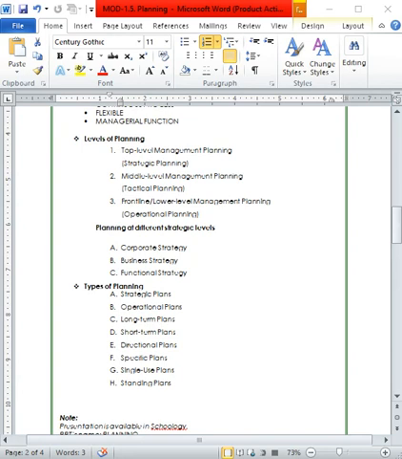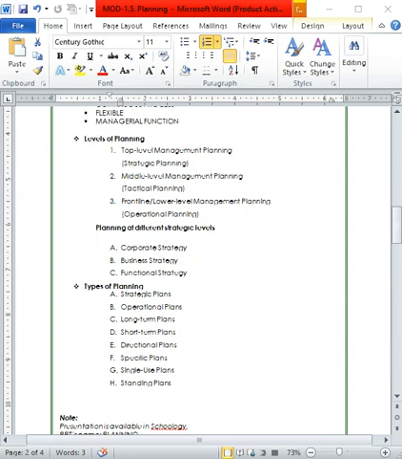For directional plans, they establish broad business objectives and general direction. From the word itself, directional. It is also a flexible plan that sets out general guidelines for a process or for meeting an objective. For specific plans, such plans require specific stated objectives.